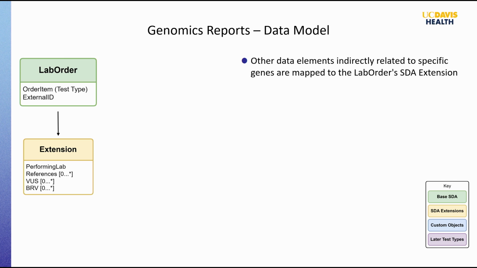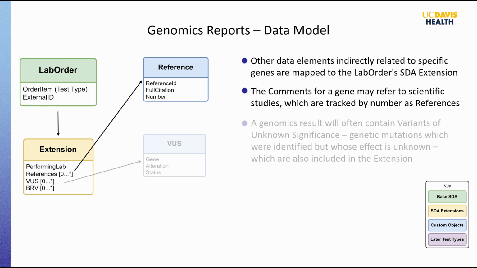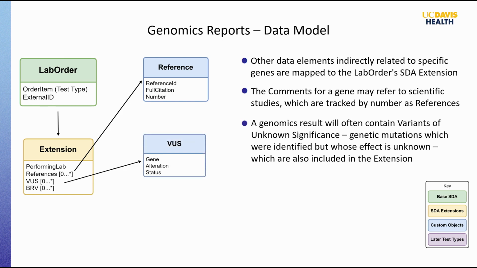All right, looking at the lab order still, so anything that's kind of related or indirectly related to a gene, that goes under the extension. And we're extending scientific studies that are tracked by number. And also, we're tracking the variants of unknown significance.